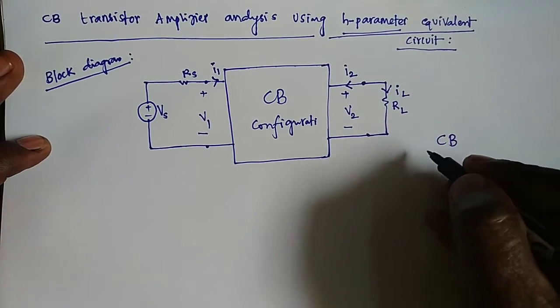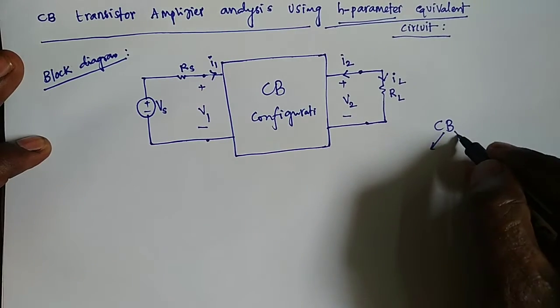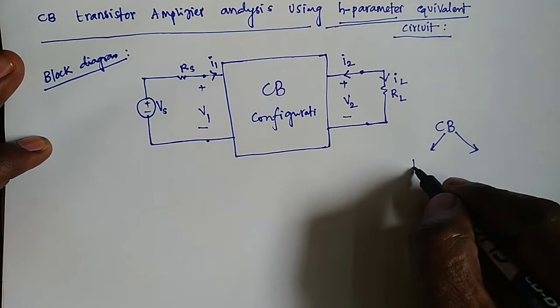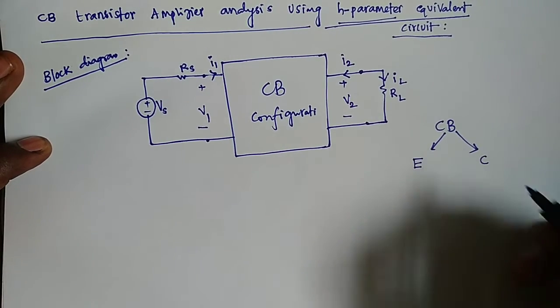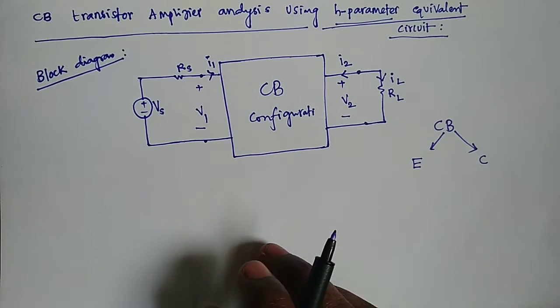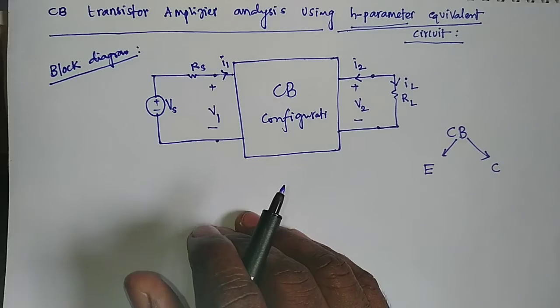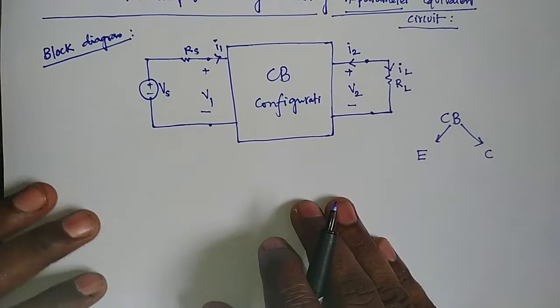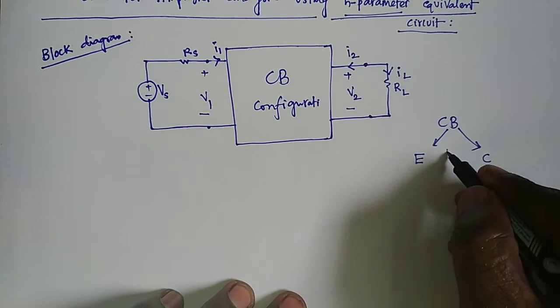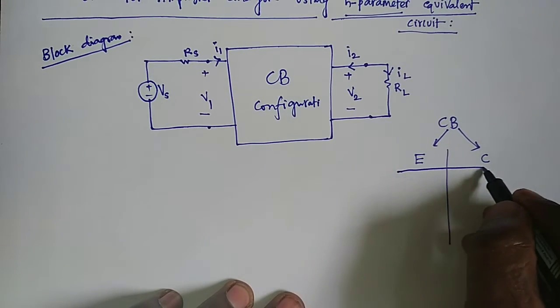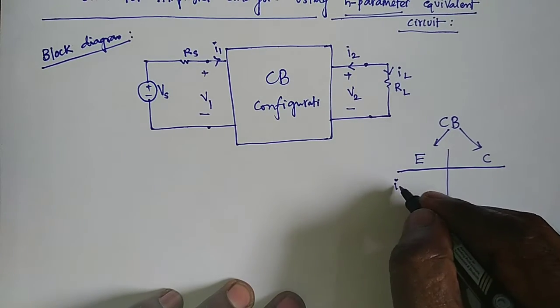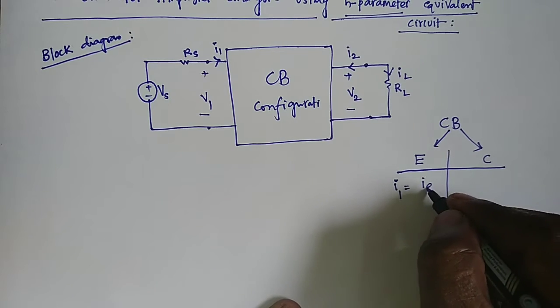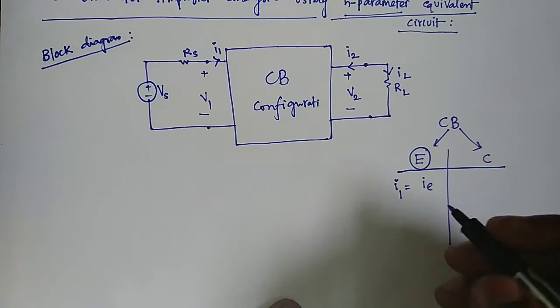Now we are in common base. The input terminal is emitter, the output terminal is collector. So based on common base we can define that I1 is equal to IE, represented as a circle.